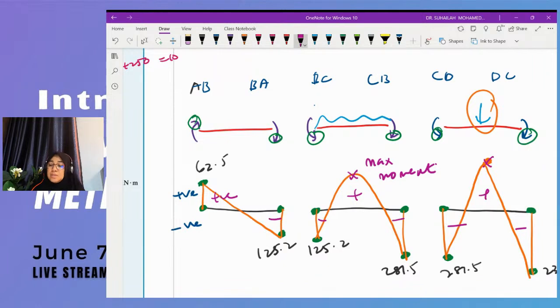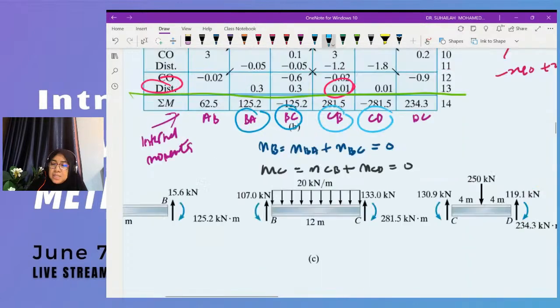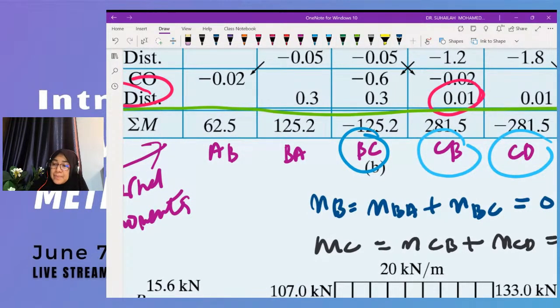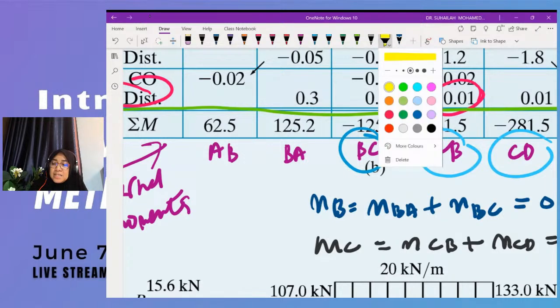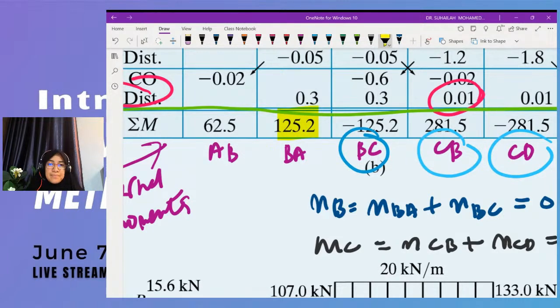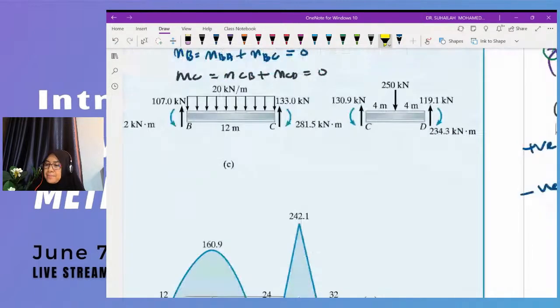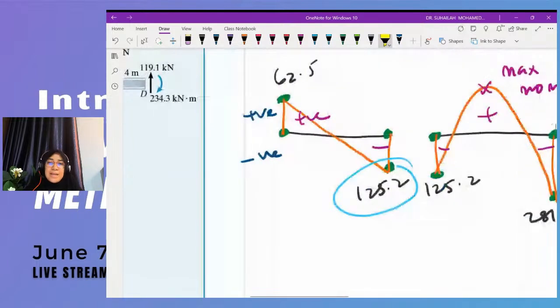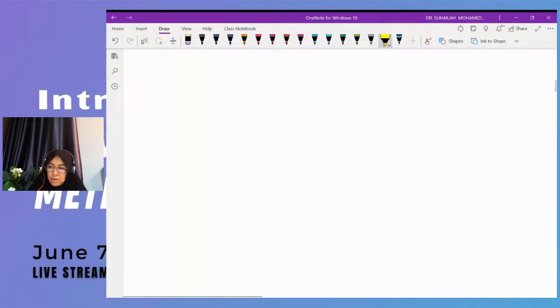Okay, so don't worry if you find that this is negative, and in the table it is positive. So why is it negative in the diagram? This is positive, but in the diagram it is negative.